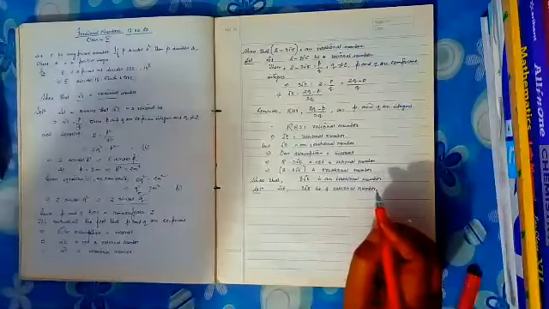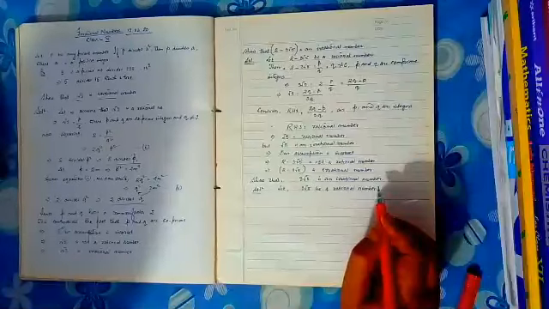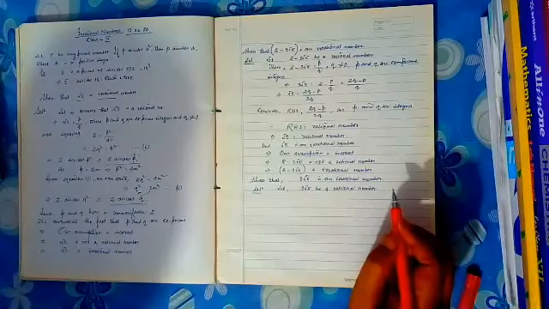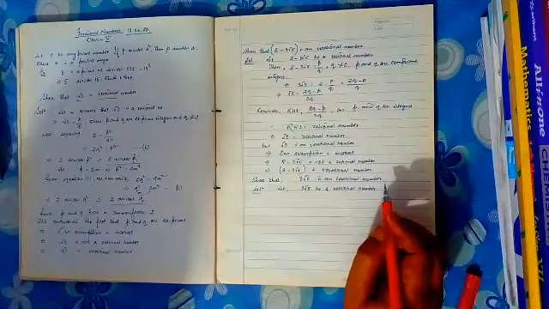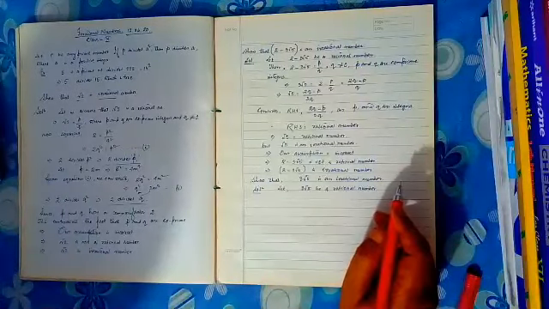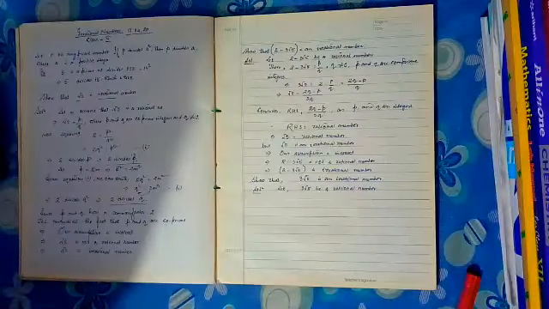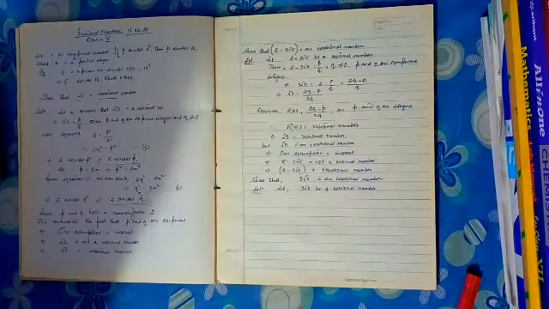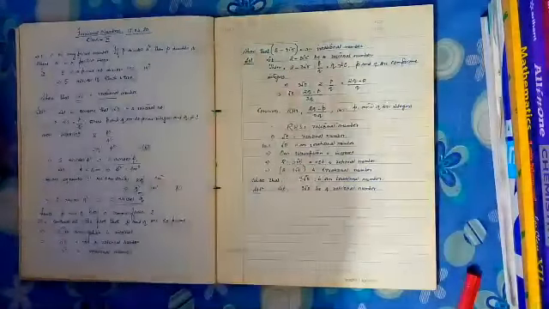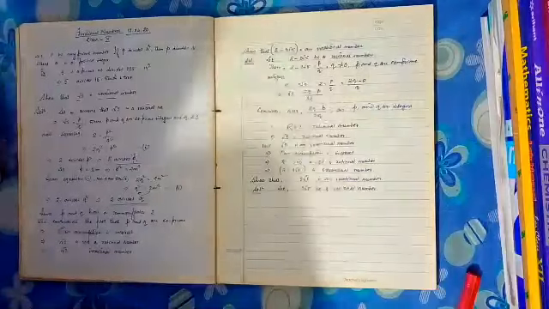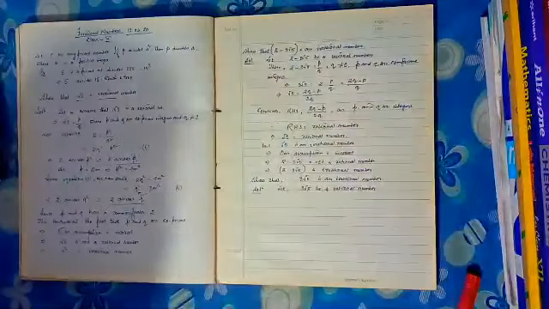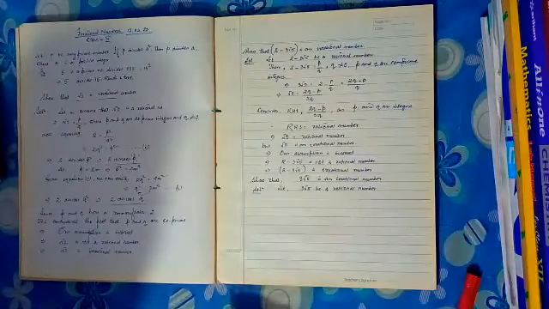So this is our assumption. As 3 root 5 is a rational number, it can be written in the form p by q.